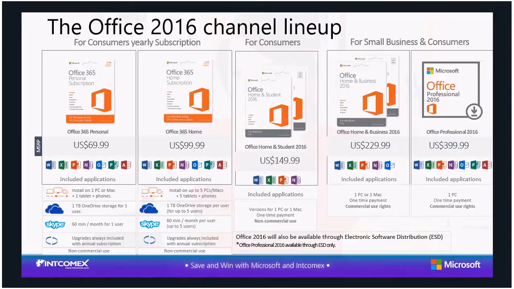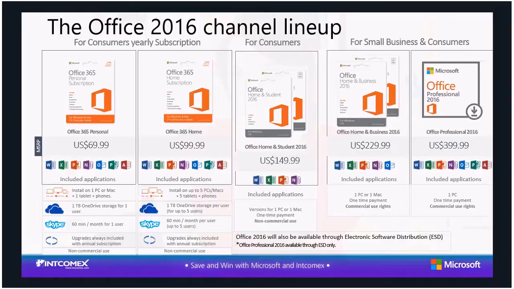The next version that we have is Office Professional, and I wanted to include this here because a lot of customers have believed that the Office Professional is not for sale anymore, and that is not true. The Office Professional is available for sale, but only as ESD, which is electronic software delivery.